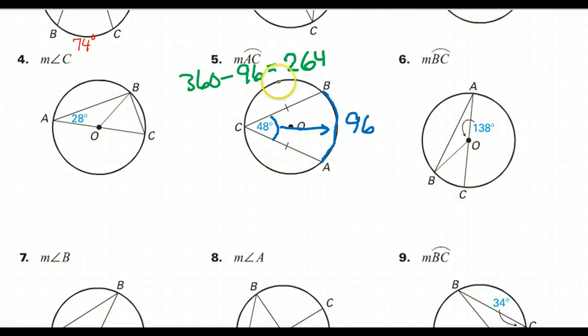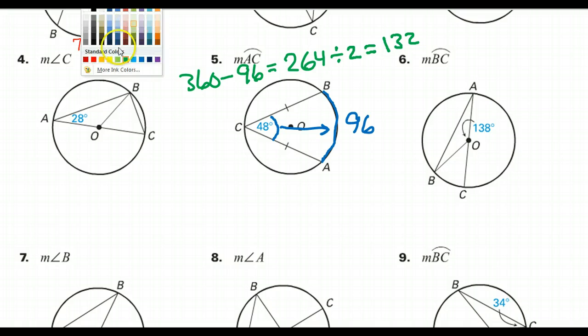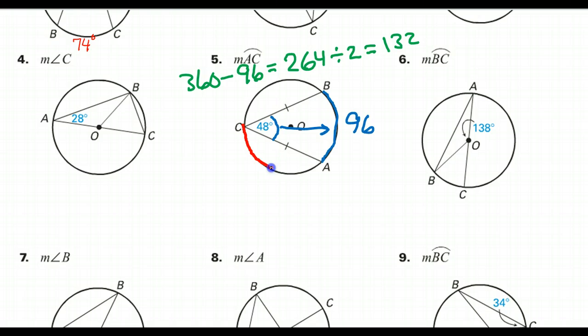So that's what's left. So if I have to share that equally between these two sides, I'm going to divide by 2 and get 132. That's why arc AC, which is what we're supposed to find, is in fact 132 degrees. All right, number 7.